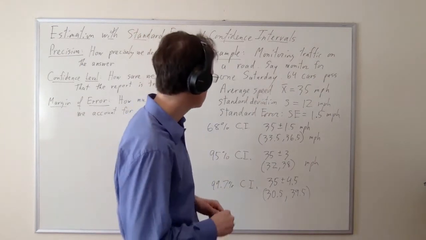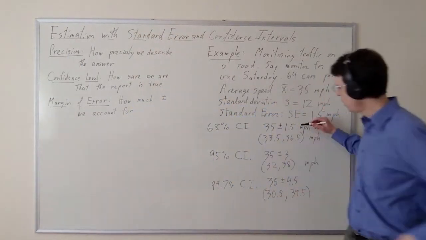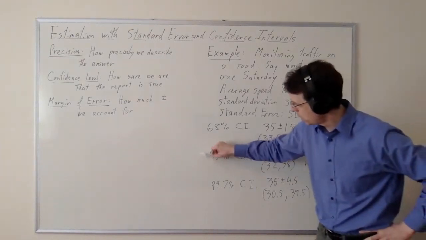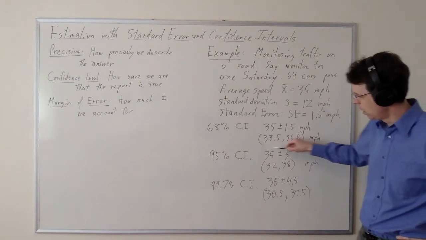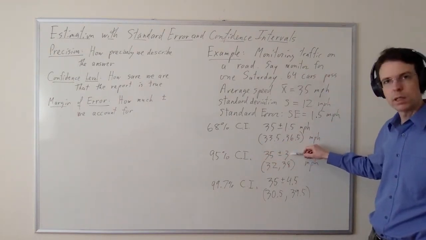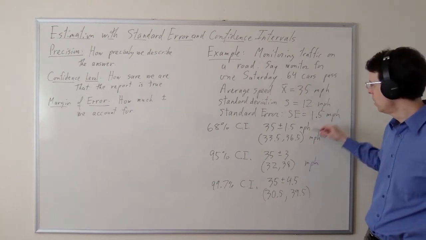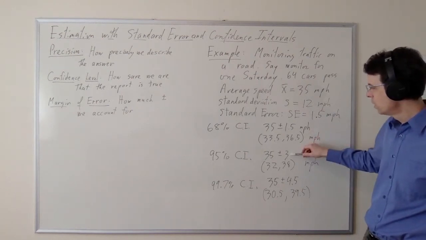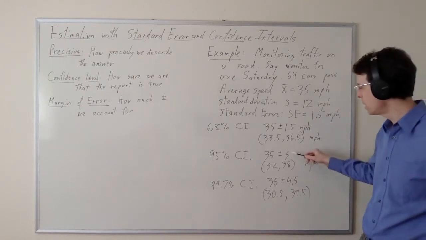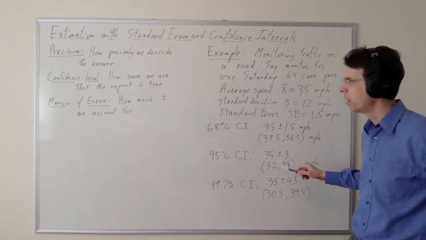So you can see, in some cases, the margin of error and the standard error are the same thing. But in other cases, particularly in the standard situation set up here, the margin of error is double or triple the standard error. In this case, the margin of error is 3, the standard error is 1.5. So the margin of error is precisely this value that we get by doubling or tripling the standard error.